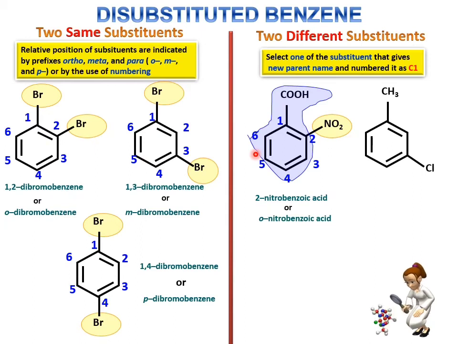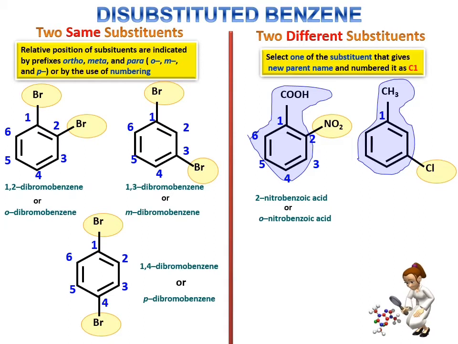Okay, so the other version here. Okay, so kita ada here CH3 as substituent and chlorine as substituent. So which one? Macam mana kita nak pilih ni? Just now we know that when CH3 is directly bonded with benzene, we have the common name, right? So kalau dia ada common name, terus ambil dia sebagai parent name. So our parent name here is toluene.